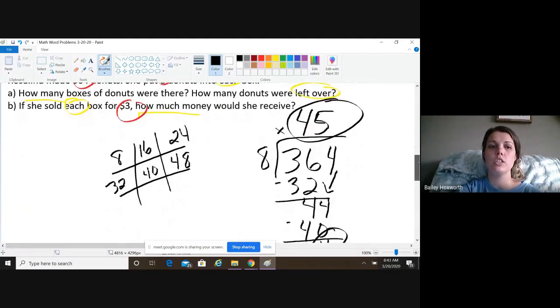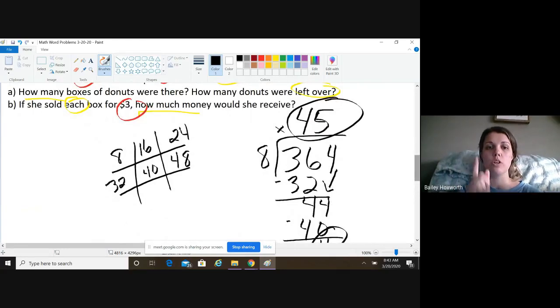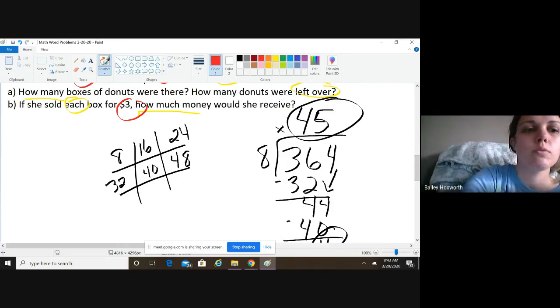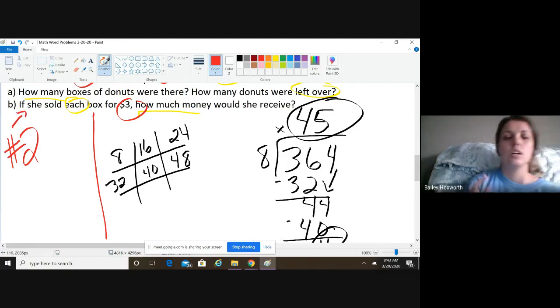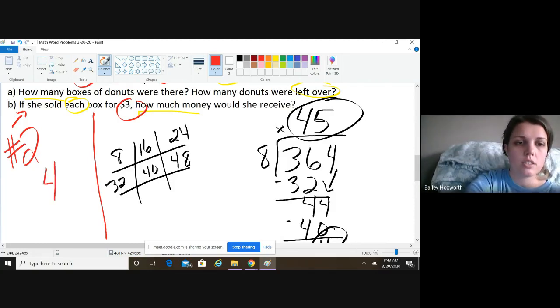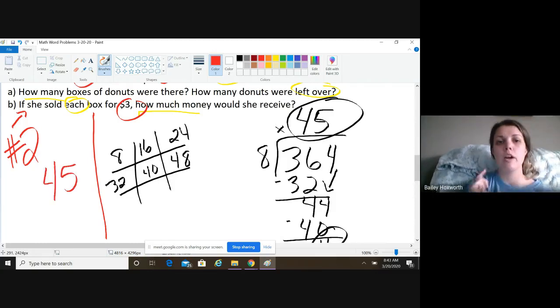So now this question B, the question you're going to be answering by yourself, is if she sold each box for $3, how much money would she receive? So question number 2. If I sold each box for $3, well, I know I have 45 boxes, and each tells me I can multiply or divide, but now I'm looking for that total.